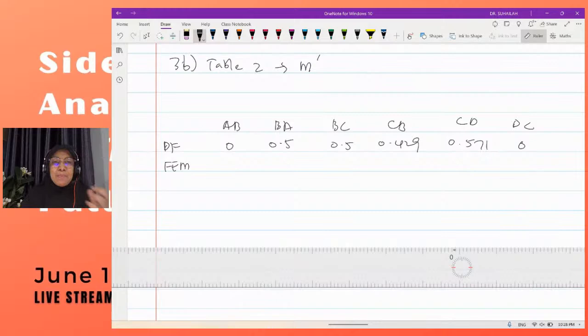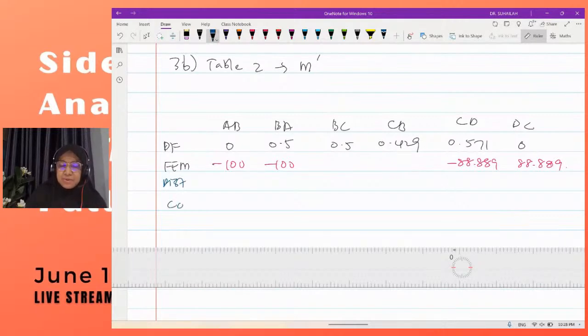FEM for AB and BA is negative 100, negative 100. BC, CB no value. CD, DC is negative 88.889 and negative 88.889. And then we start to distribute the moment.